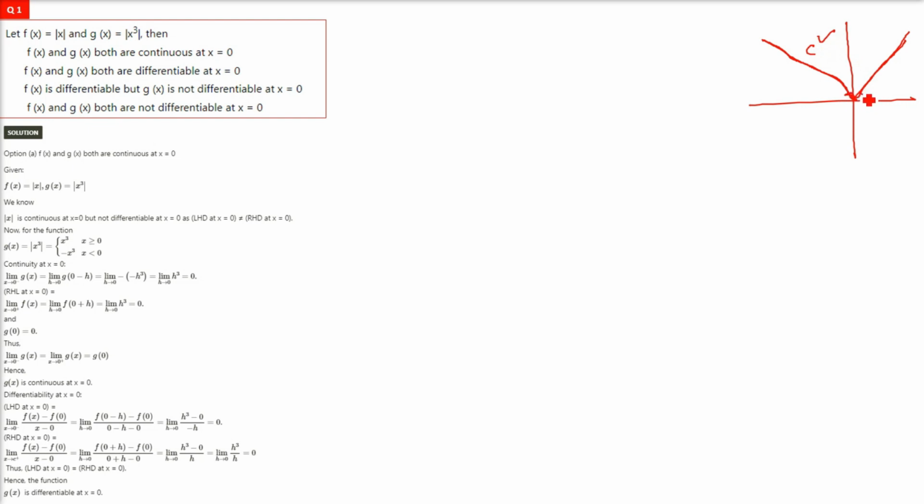But at this sharp turn, if you take left and right, you will get two tangents with a different slope, tan theta. That means it is not differentiable at this point, at the origin. But modulus of x cube, how to do that? This modulus x, I hope you'll be able to do by yourself, because you can go through all the previous discussions.